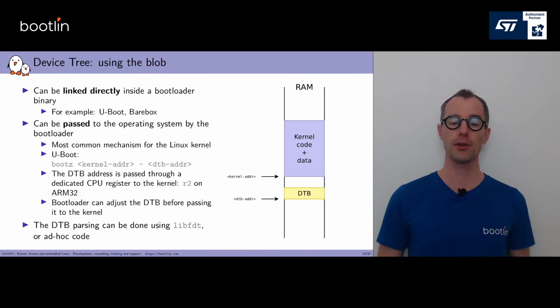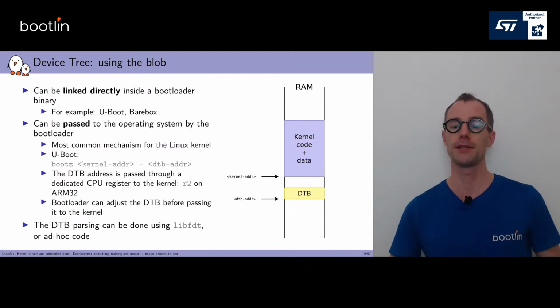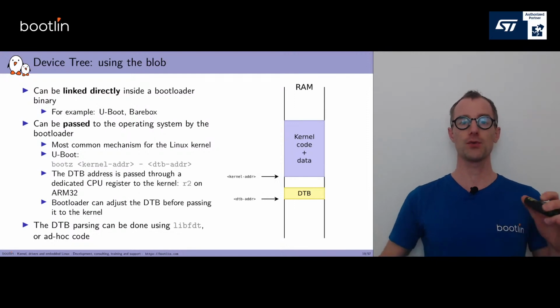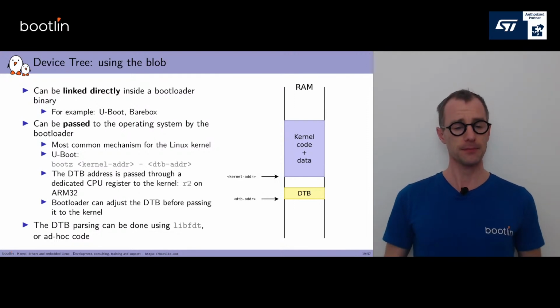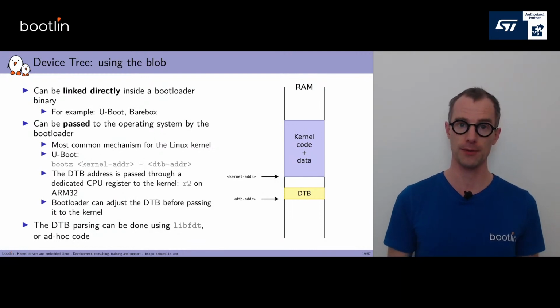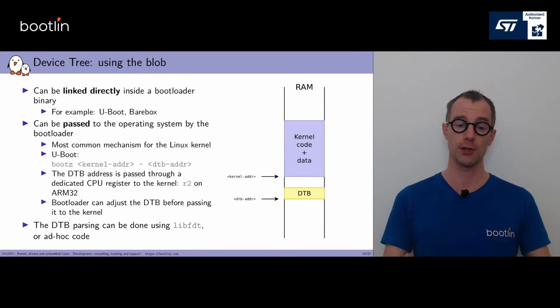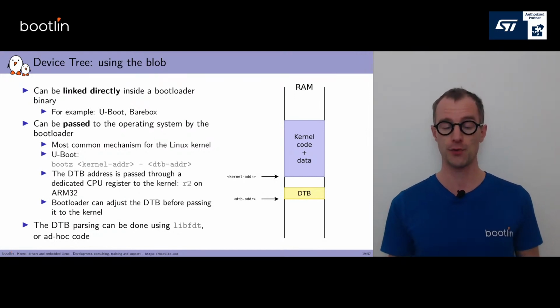In the example here, we have kernel ADDR for the kernel code and data, and DTB ADDR. We pass those two addresses to bootz, which is the command in U-Boot to boot a Linux kernel on ARM32 platforms. The dash in the middle is just to tell U-Boot that we are not using any initramfs for booting. We're just using a kernel and a device tree blob.